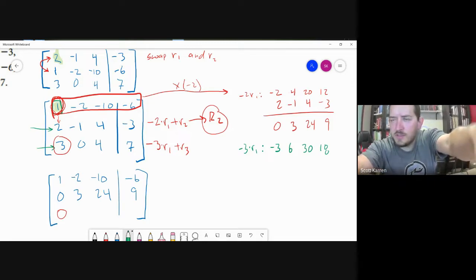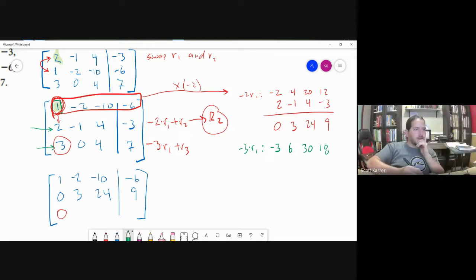I can't see what I'm writing anymore. Let me scoot this over. There we go. And then in just adding row 3, I'm just going to write row 3 under it. That was 3, 0, 4, 7. And if I add these two together, the 3 and the -3 is 0, right? So essentially all I've done is 2 maneuvers to eliminate x in two equations, right?